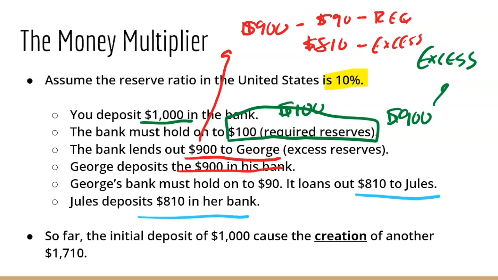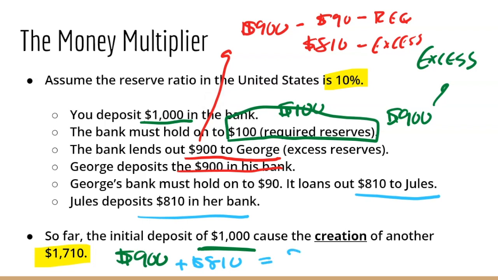So if you notice here, you initially deposited $1,000. But it actually created an additional $1,710. We take the $900 that George now has that he deposited into his checking account, and then we add the $810 that Jules took out and deposited into her checking account.